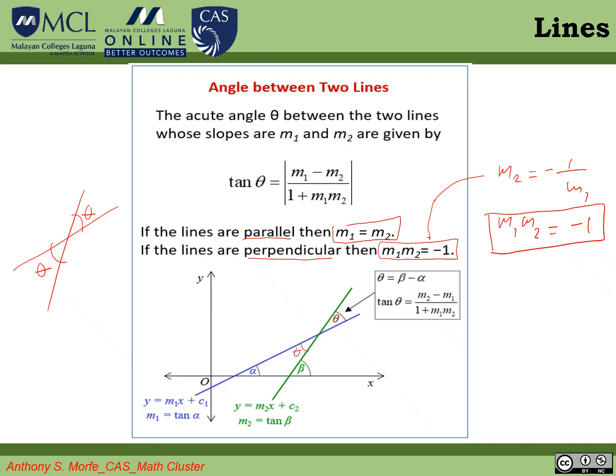So why is it? The sum of all angles is equal to 180 degrees. So this is alpha, this is beta.